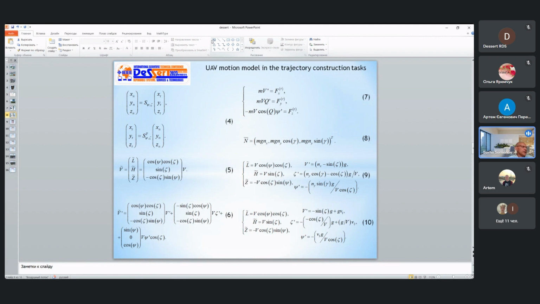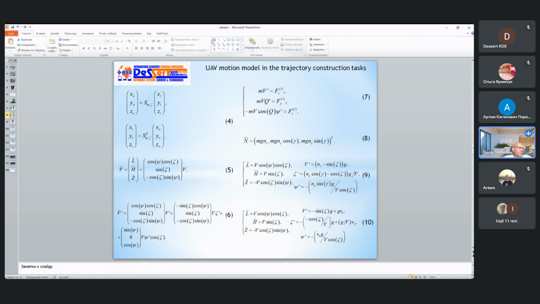A vector in the trajectory coordinate system using control parameters can be written as follows: 8. Taking into account the representation of forces acting on the UAV and adding 3 differential equations relating the velocity vector to spatial coordinates, we obtain the following system of 6 differential equations describing the motion of the UAV, formula 9.